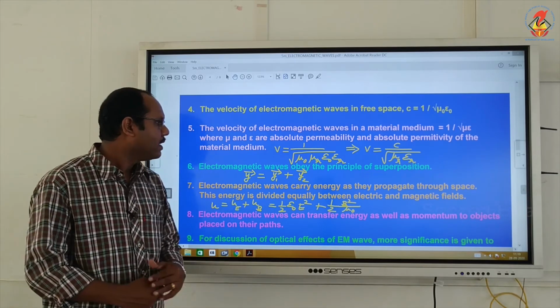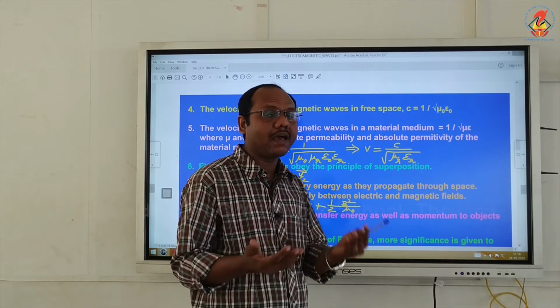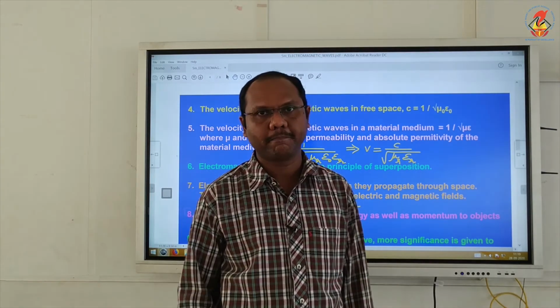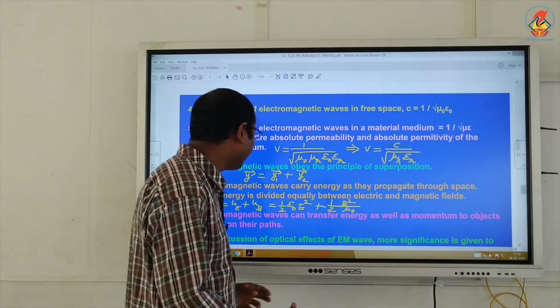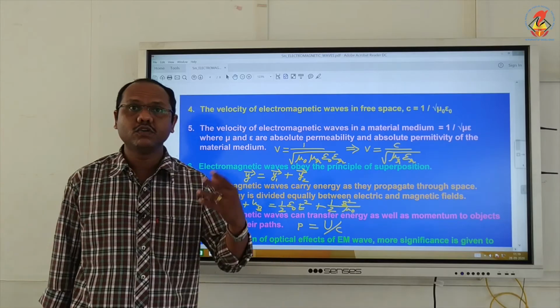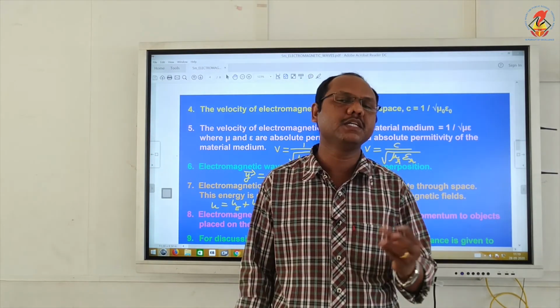Okay. Now, the next point: electromagnetic waves can transfer energy as well as momentum to the objects placed on their path. So, they can transport energy and momentum. And the equation for momentum is given by P is equal to U by C. Usually you study momentum as m into v, mass into velocity.